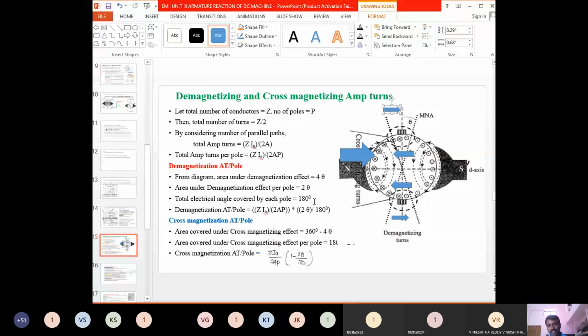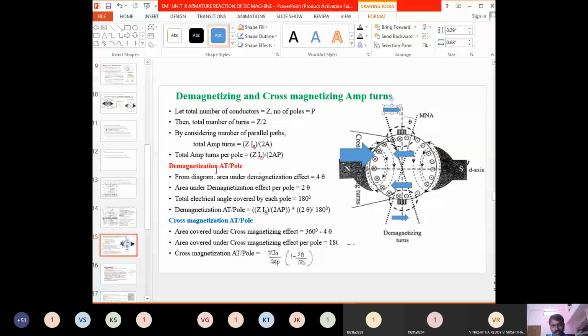And we even discussed that there is a relation between electrical angle and mechanical angle. Now I just want to find the relation of the demagnetization ampere turns per pole.